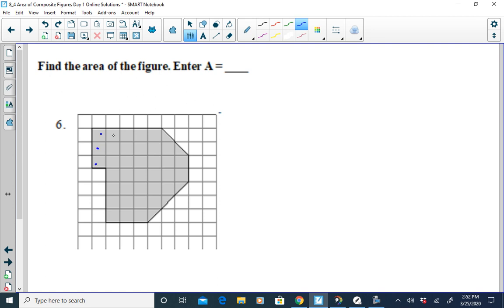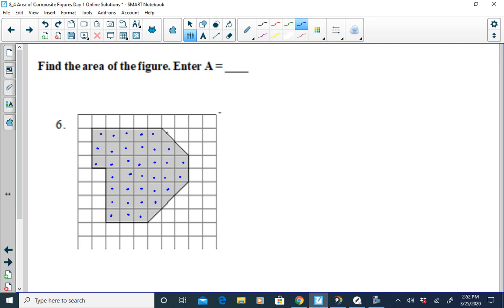1, 2, 3, 4, 5, 6, 7, 8, 9, 10, 11, 12, 13, 14, 15, 16, 17, 18, 19, 20, 21, 22, 23, 24, 25, 26, 27, 28, 29, 30, 31, 32, 33, 34, 35, right? So we have 36 full squares. But then I have my half squares.